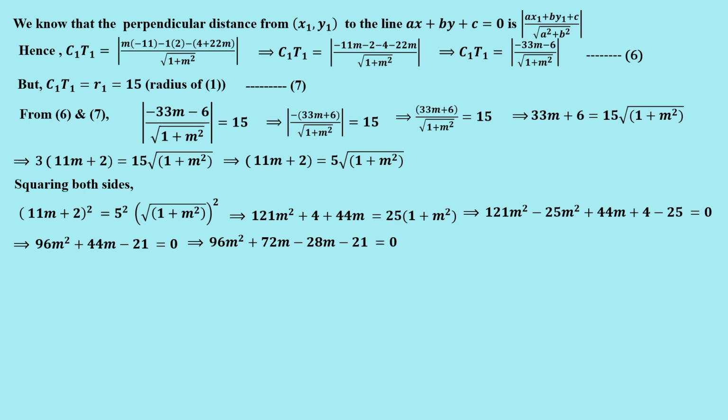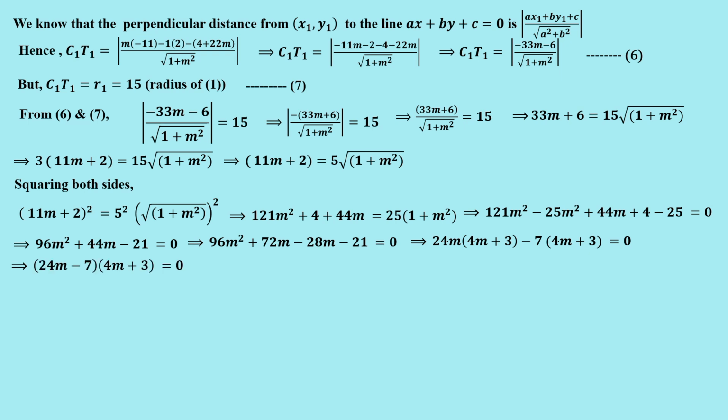So we are factorizing that: 96m square + 72m - 28m - 21 equal to 0. We take 24m common from the first two terms, 24m(4m + 3), then -7 common from the third and fourth terms, -7(4m + 3).